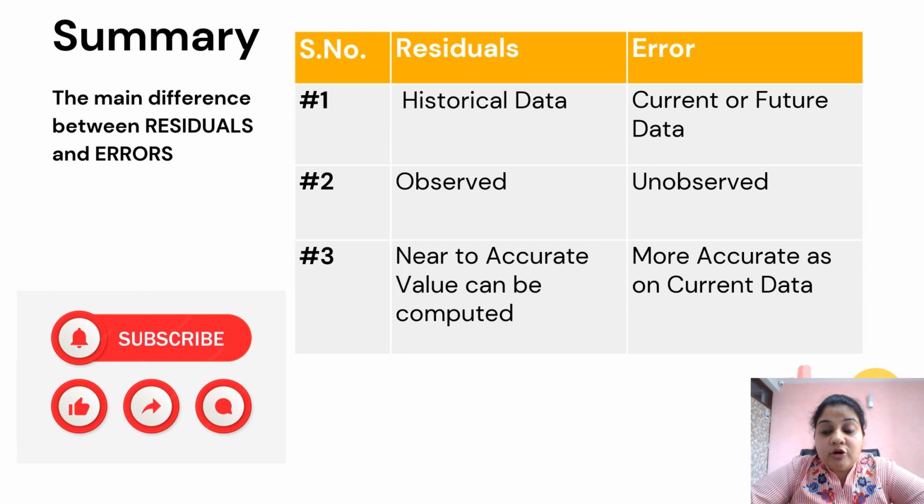Residual values are near to accurate, but errors are more accurate on the current data. So that's the difference between residual and error. These two terms are not interchangeable. There is a minute difference, but it is of great significance in the field of machine learning.